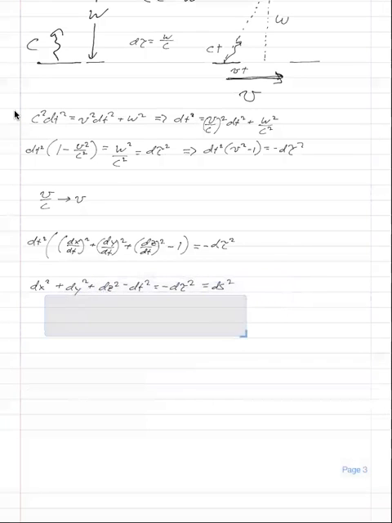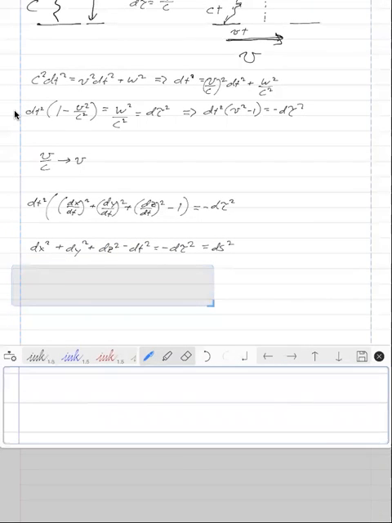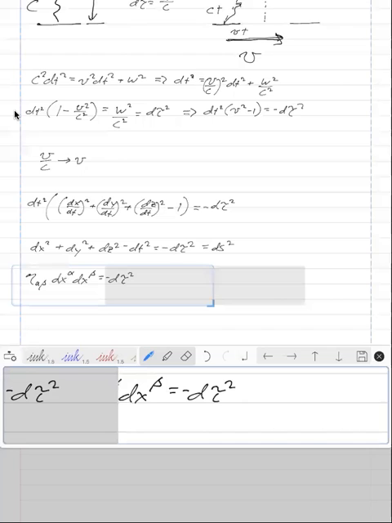All right, and now I can use this interval and read off the metric by inspection. I'm just going to note that in general, I'm going to call the metric something special: eta alpha beta, which is equal to dx alpha dx beta, which is equal to minus dt squared, dx squared, and so on.